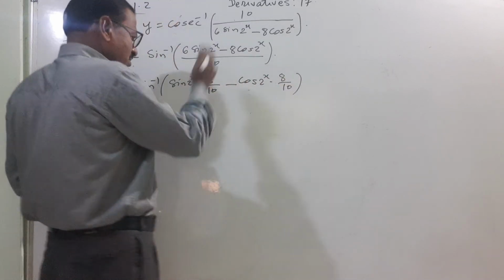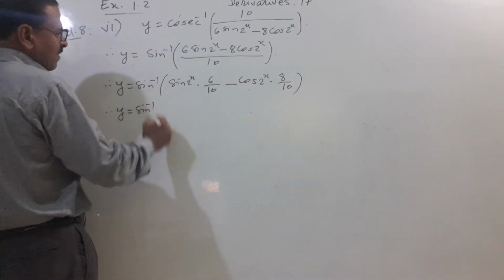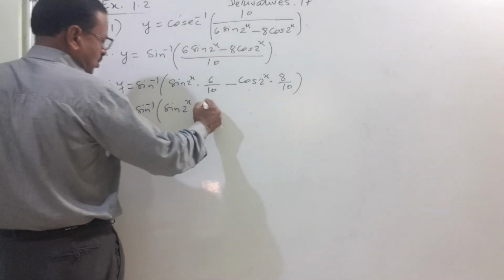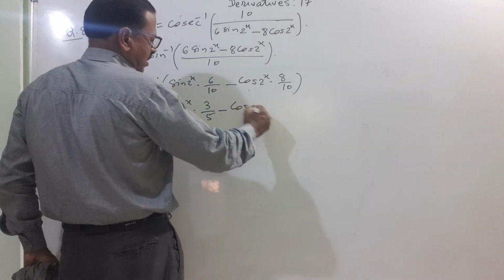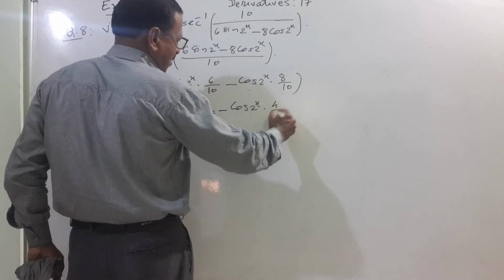I can reduce it, I will reduce it. Therefore y is equal to sine inverse of sine 2 raised to x into 3 upon 5 minus cos of 2 raised to x into 4 upon 5.